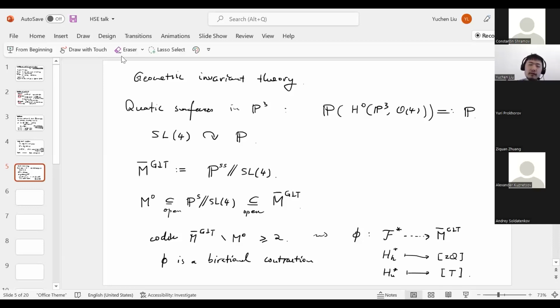There are still some complicated indeterminacy loci on both sides. And then the question will be, how can we resolve this map, or how can we see the difference between F star and the GIT moduli space? Okay, any questions?